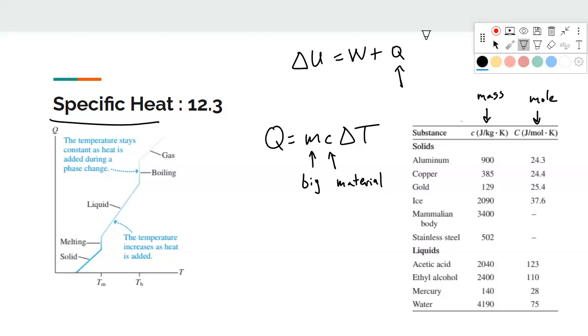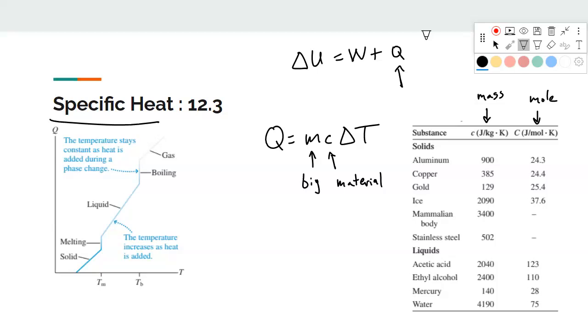It can be exaggerated when you look at the mass scale, because gases are so low in mass that it looks like they have extremely large heat capacities. But if you look at the molar heat capacities, you can more easily compare them, and you'll find that they're very similar.